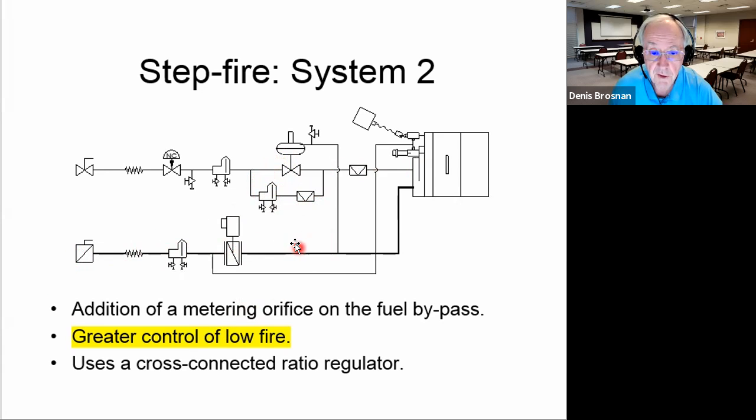You can see the airline, the curtain valve, or solenoid valve, or butterfly valve, and we're driving an impulse up to the ratio regulator. We have the solenoid valve here controlling the airflow, but we can get low fire here when the solenoid valve is open, and we can just control that.